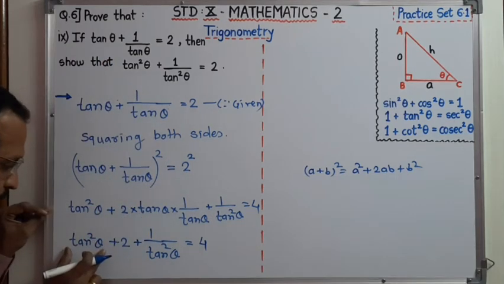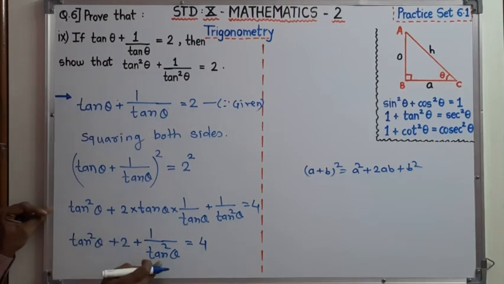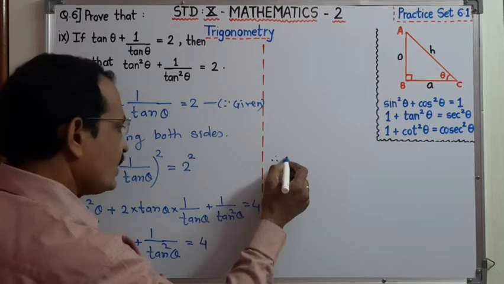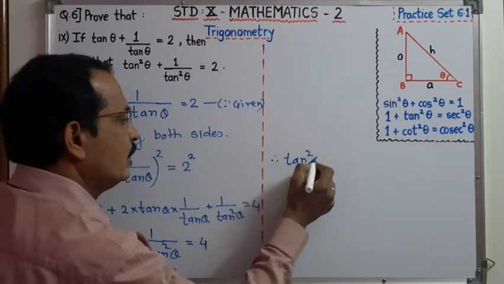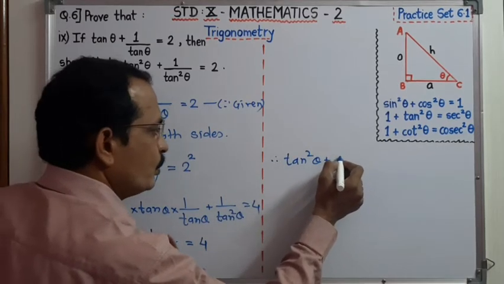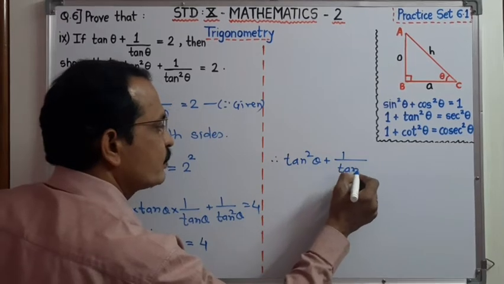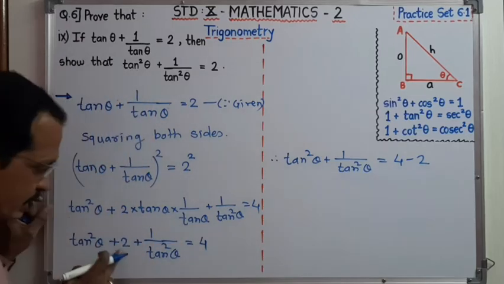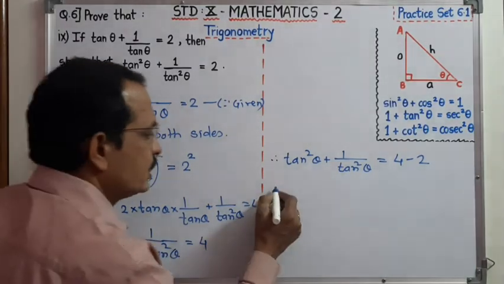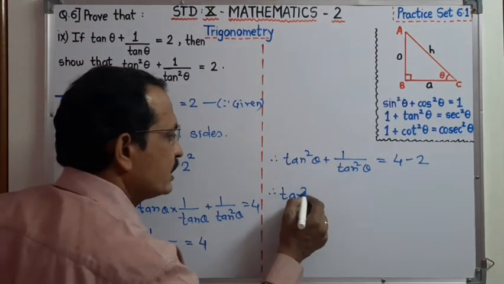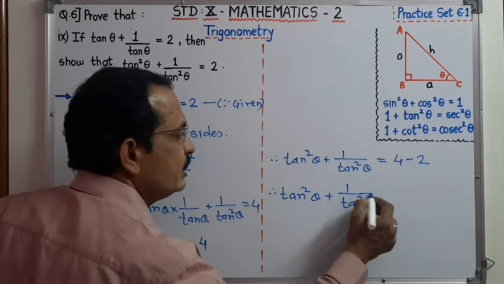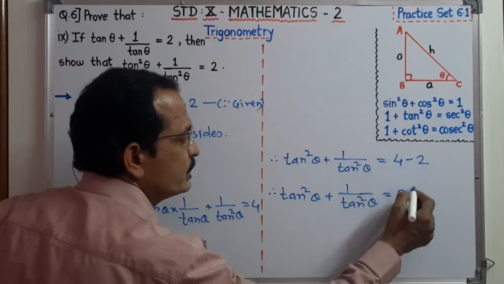We got here tan square theta plus 1 upon tan square theta. Therefore, this 2 we have to take on that side. Therefore, tan square theta plus 1 upon tan square theta is equal to 4 minus 2. This 2 goes on that side. Therefore, dear student, tan square theta plus 1 upon tan square theta is equal to 4 minus 2, which is 2.